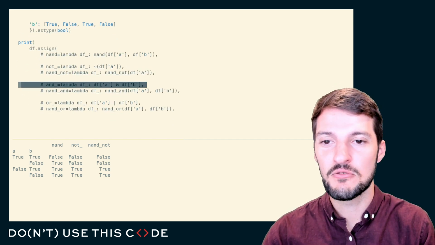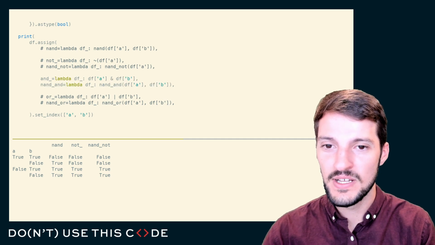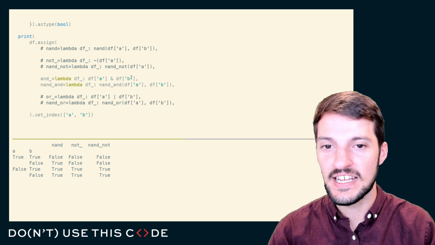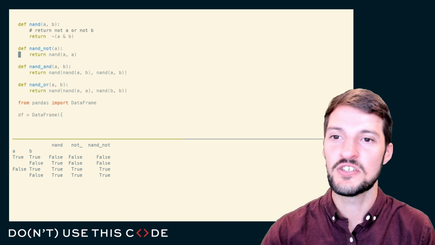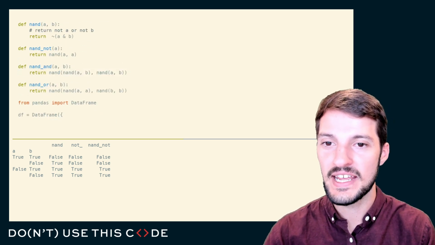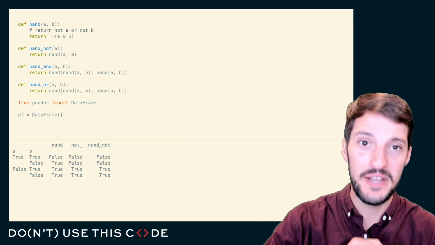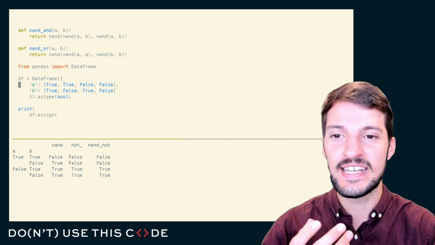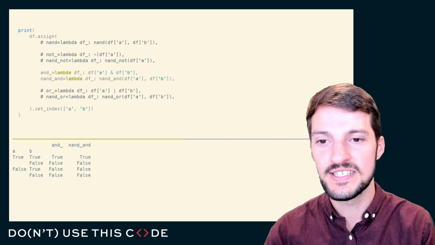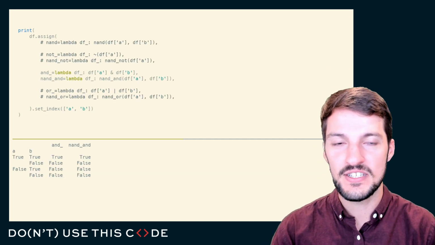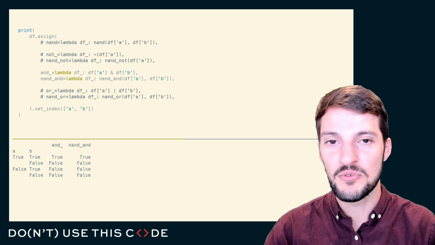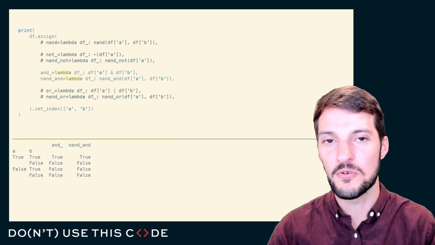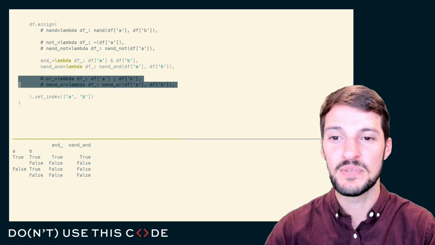What about and? How would we represent and? Well, an and represented just in Python syntax, we have our column A and our column B. And in NAND logic, we have the NAND of A and B, NAND the NAND of A and B. So it's a little redundant, it's more verbose, but this idea that NAND is what we call functionally complete is a great way for us to go about even potentially simplifying Boolean expressions, identifying groups that are redundant or can be removed, or pairs that can be simplified.